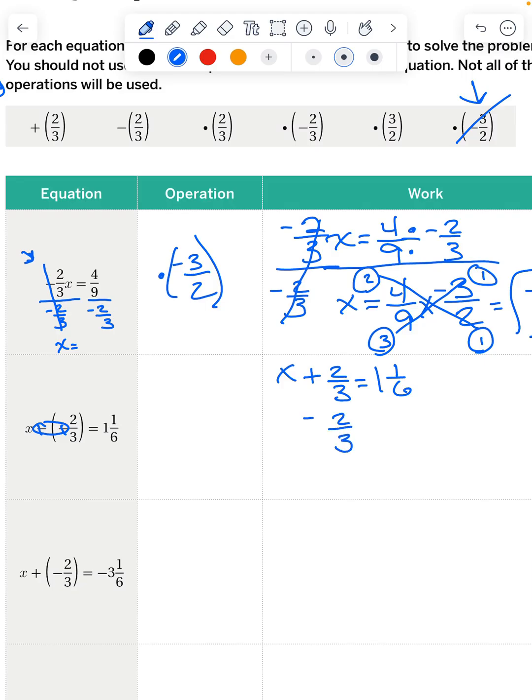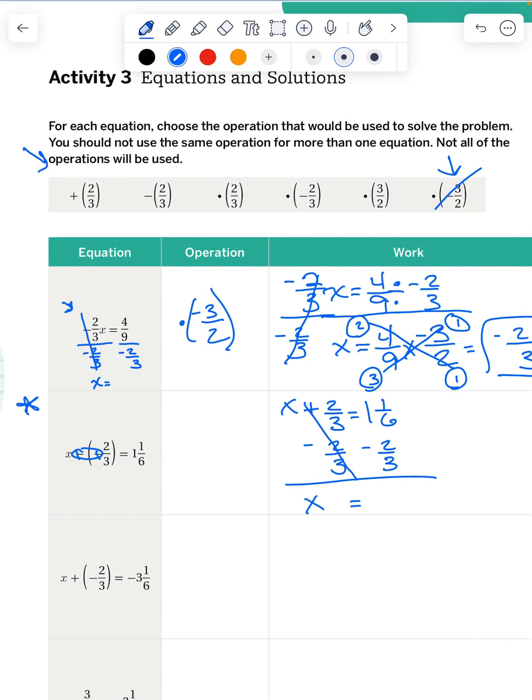To solve, I'm going to subtract 2/3 from both sides. 2/3 minus 2/3 is 0, leaving me with my x. So on this one, I am subtracting 2/3 from both sides. Okay, it kind of looks like a negative, but it's a subtraction sign.